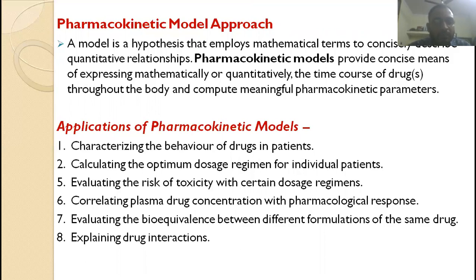The general applications of pharmacokinetic models are characterizing the behavior of drugs in patients, calculating the optimum dosage regimen for individual patients, evaluating the risk of toxicity with certain dosage regimens, correlating plasma drug concentration with pharmacological response, evaluating the bioequivalence between different formulations of the same drug, and explaining drug interactions.